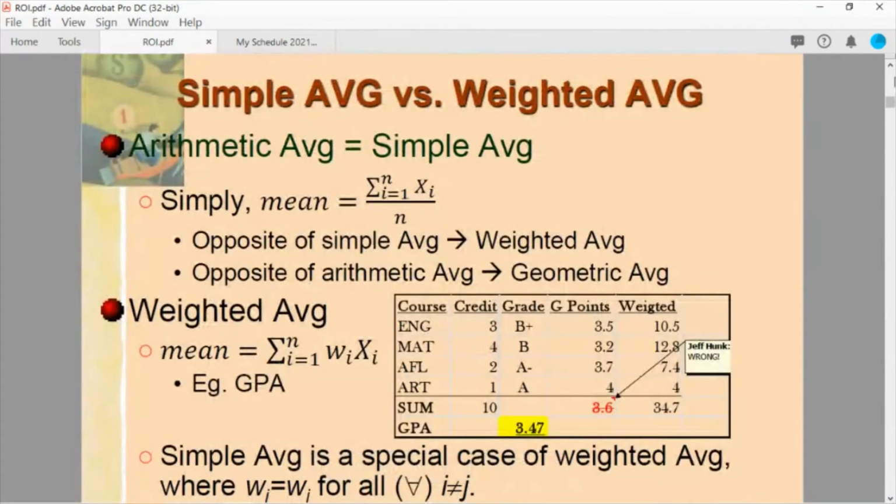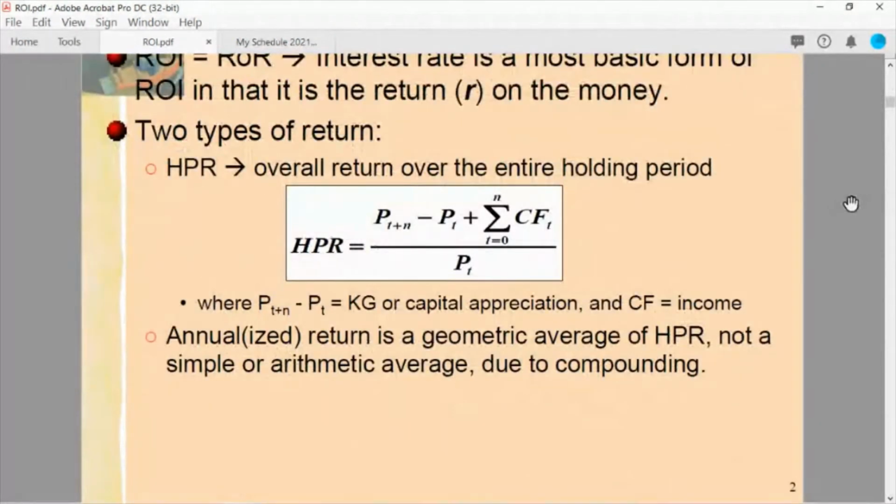So I said, annualized return means annual average. And when we say average, let's say over a 10-year period, the holding period return over 10 years is, let's say, 200%.